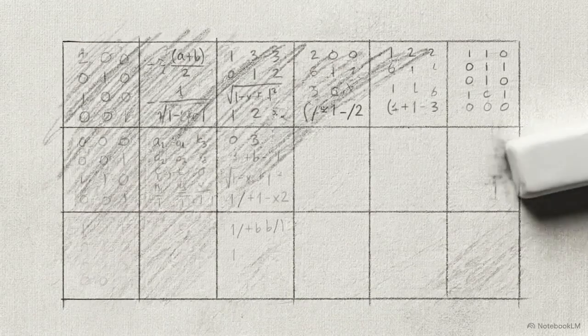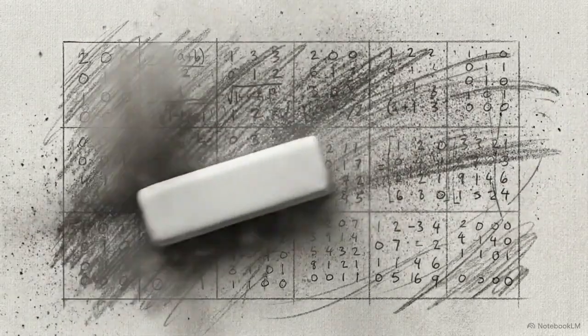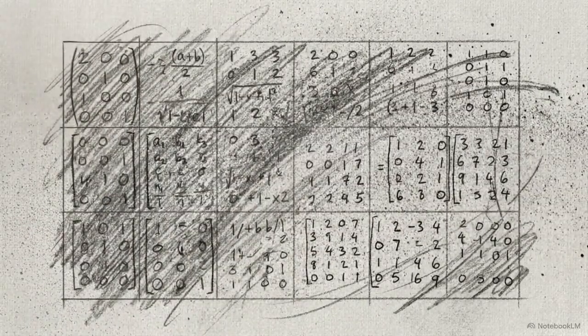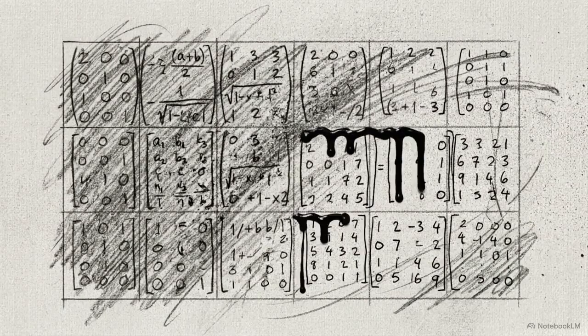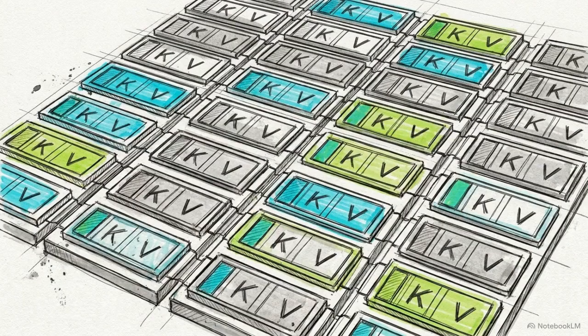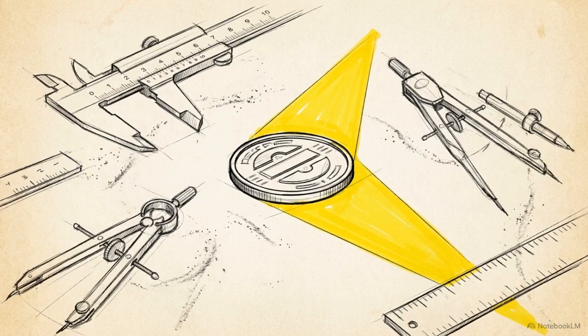Without intervention, the system would have to recompute the keys and values for every historical word at every single step. To prevent this, the key value cache writes those previous tensors to high bandwidth memory. The model only has to calculate the query, key, and value for the single new token being generated.